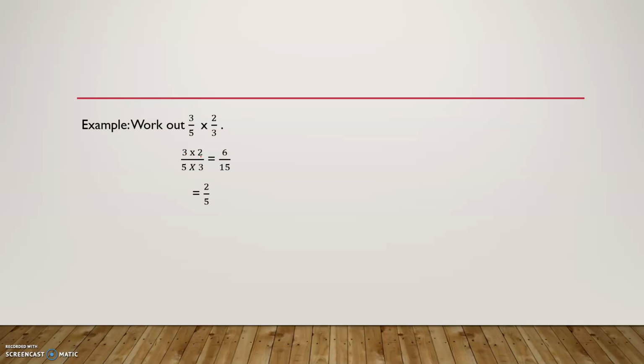So that will be 3 times 2 equals 6, and 5 times 3 equals 15. Now, if we simplify this, if we divide top and bottom by 3, that will be 2, and that will be 5. So our answer is 2 over 5.